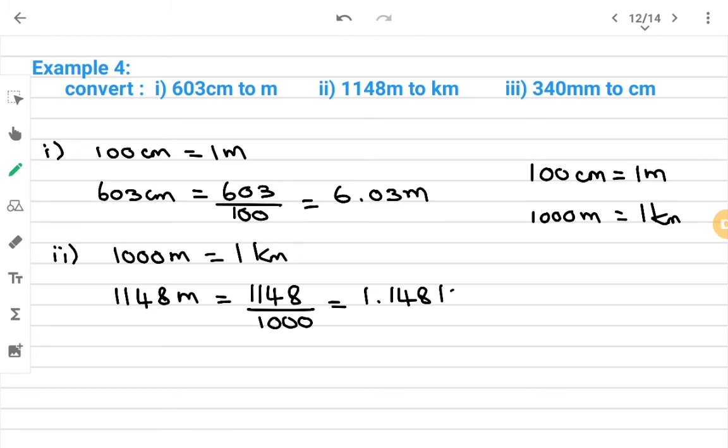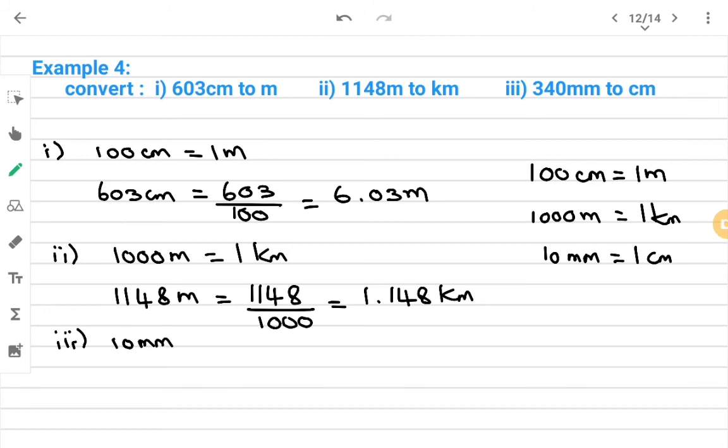So you will get 1.148 kilometer. And the third subdivision is 340 millimeter to centimeter. Yes. So 10 millimeter is equal to 1 centimeter, right?